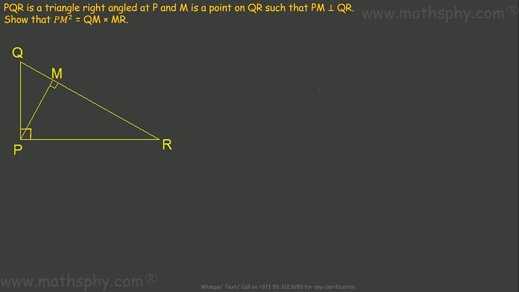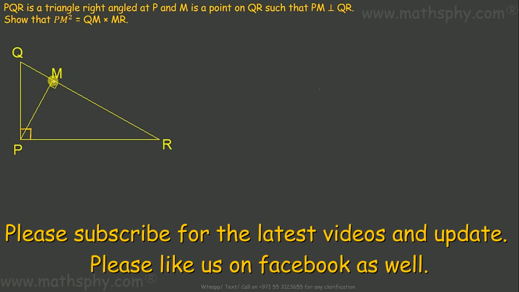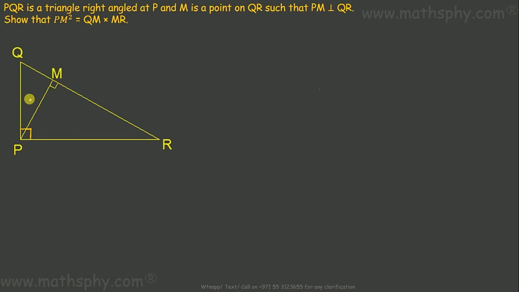As per the theorem, in a right angle triangle, a perpendicular drawn from the vertex of the right angle on the hypotenuse will give us two right triangles, and both these right triangles are similar to each other as well as similar to the big triangle or whole triangle.